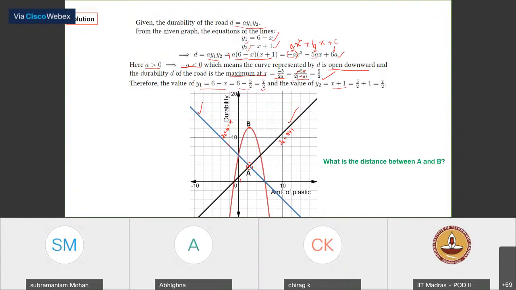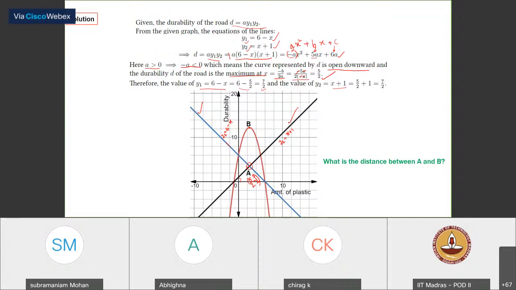When I found that point, what I got was 5 by 2 comma 7 by 2. Okay, fine. But you are drawing this parabola with the vertex B, and you are getting B as 5 by 2 comma 7 by 2, is it not?